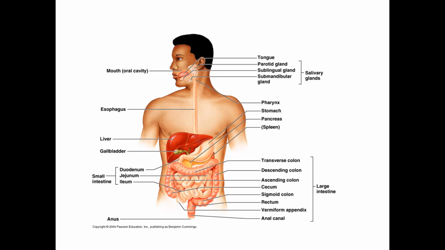And we have chemical digestion, which is the chemical process that digests big molecules and makes smaller ones. This process takes place in the GI tract.